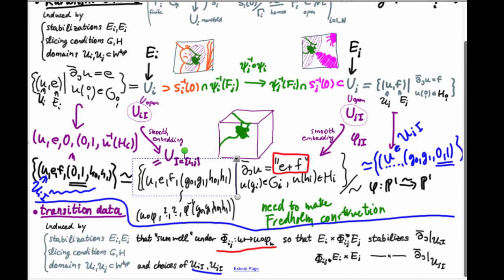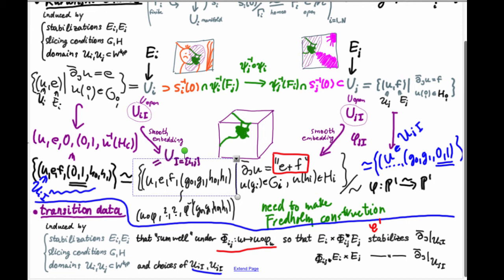In particular, it would be nice if that was somehow a C1 bundle with C1 sections. And I need the same thing on the other side, because if I want to make this description here, with a smooth structure, I need to be able to push this bundle forward.